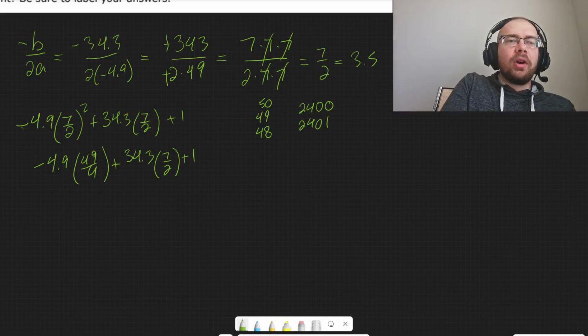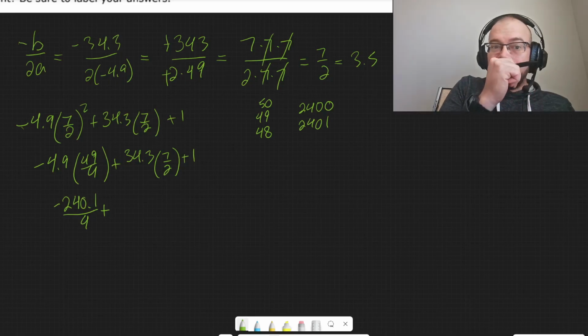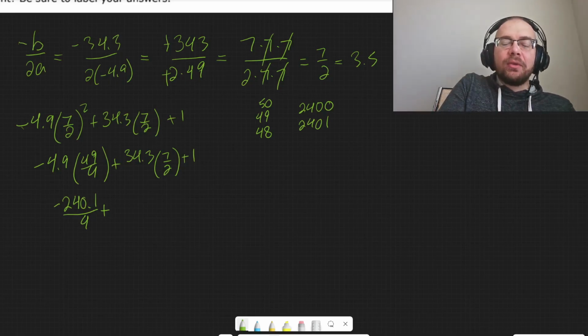So that's 2401, and then that's over 4. Oh, and that has a decimal place on it, so that's going to be negative 240.1 over 4 plus 34.3 times 7 is actually going to be 240.1. Positive 240.1 over 2 plus 1.